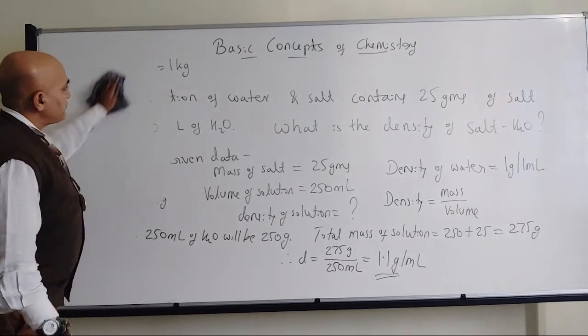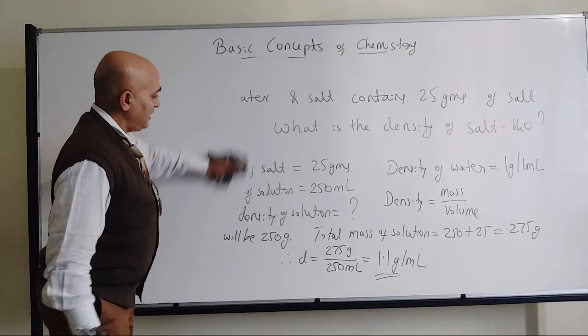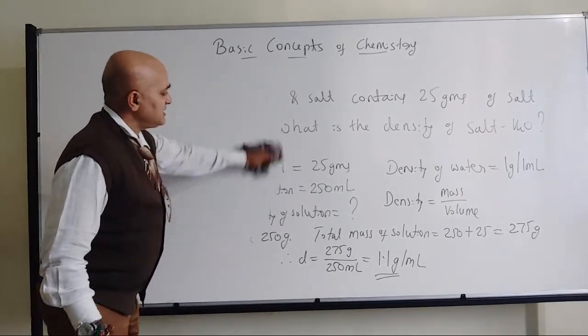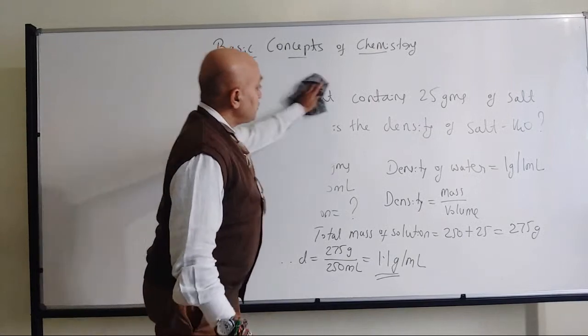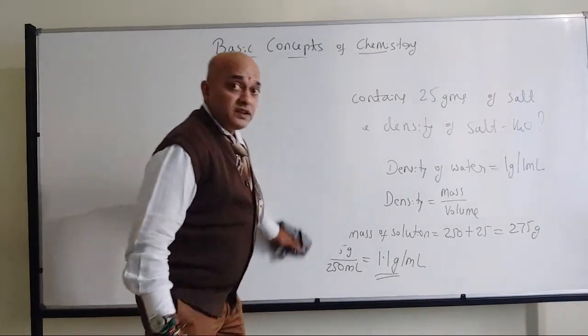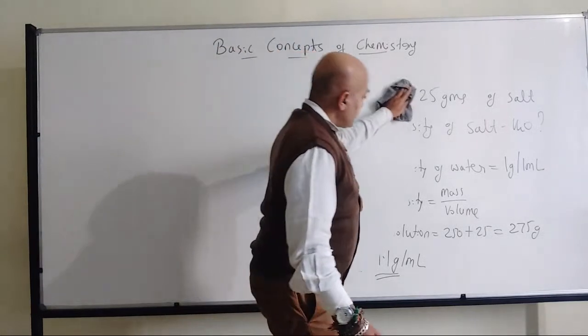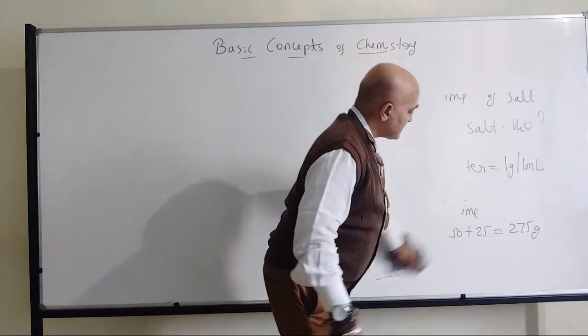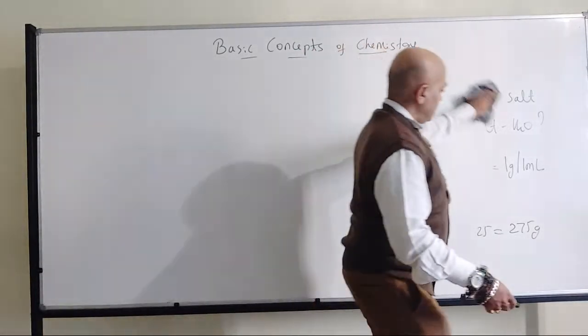Okay, so while finding out the density of a solution, please remember, we have to find out total mass of the solution. So total mass of the solution will be mass of solute, that is salt in this case, plus mass of solvent, that is water in this case.